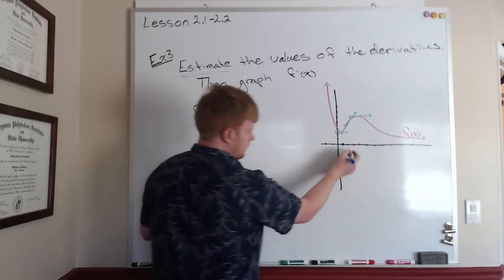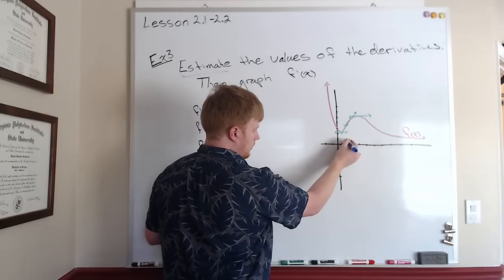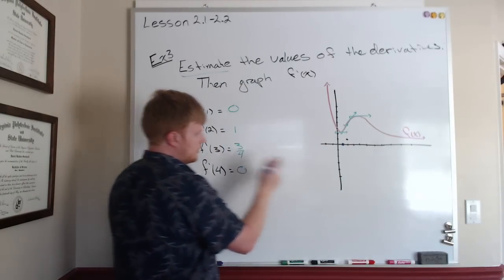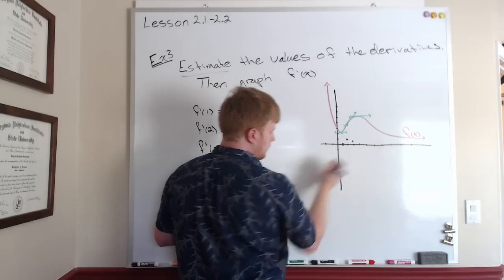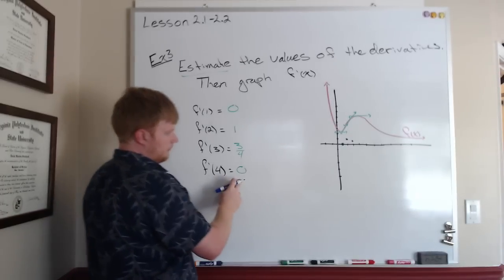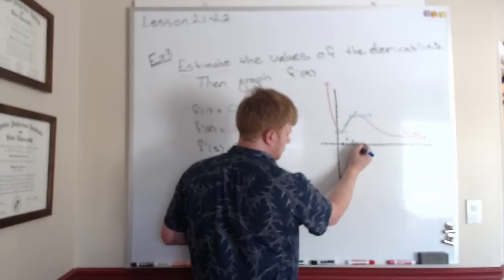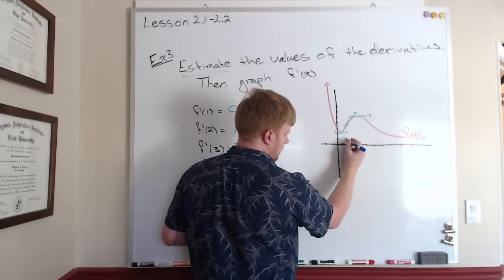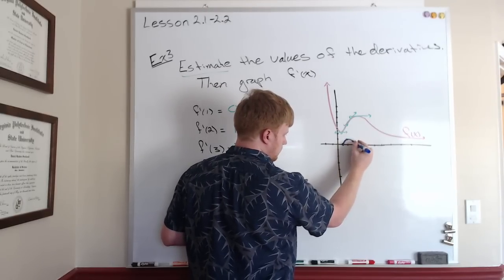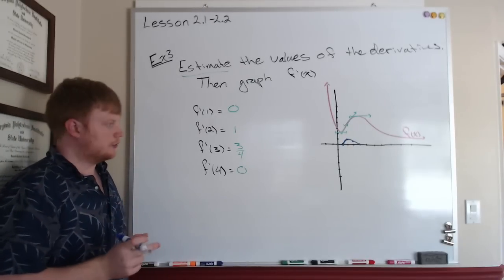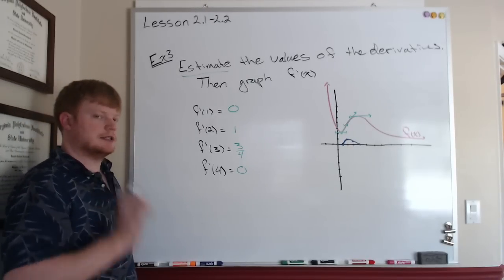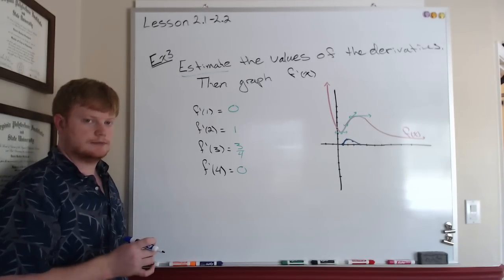At 2, it was about 1. At 3, it was a little less. And at 4, I was back to 0. Now I could connect these points and have a nice piece of the derivative function, but we want to graph the entire derivative function.